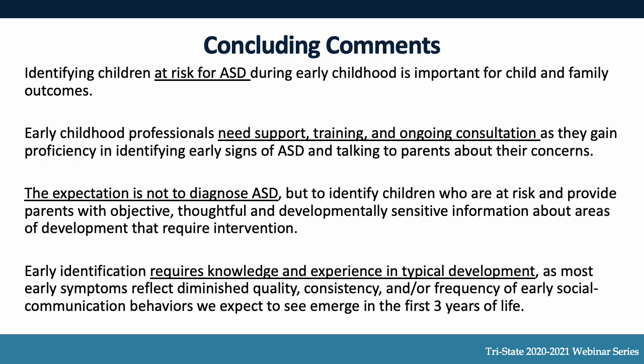And I'd like to say that we want to remember that the expectation isn't to diagnose, but to signal to the parent that you have some concerns in particular areas, which lead you to think that the child may be at risk for this condition. And thus your role is to provide parents with objective, evidence-based, thoughtful, developmentally sensitive information about the child's developmental profile, where the strengths are and where the needs are.